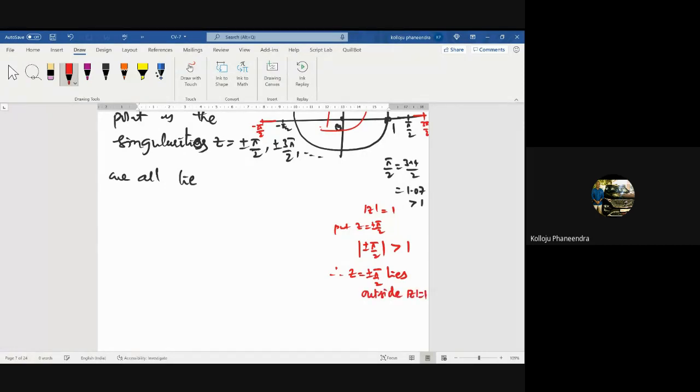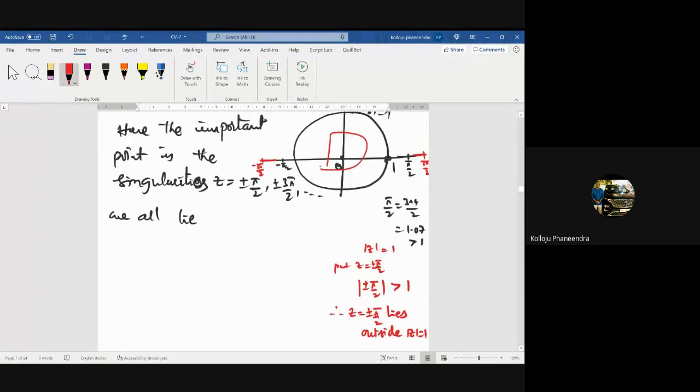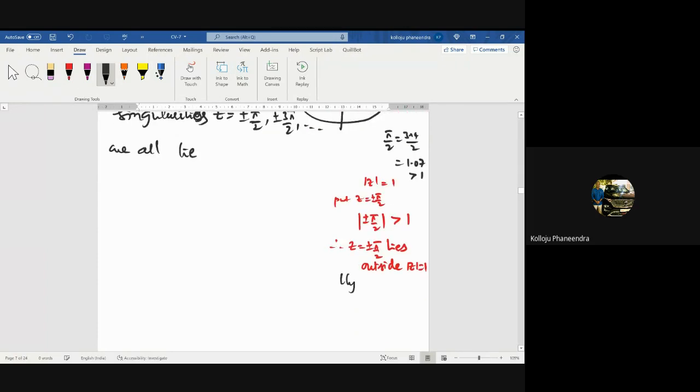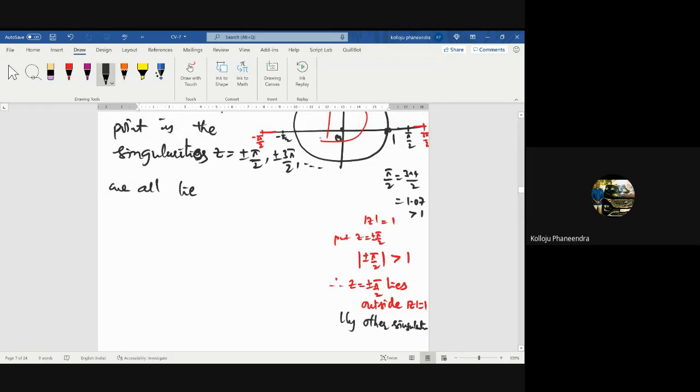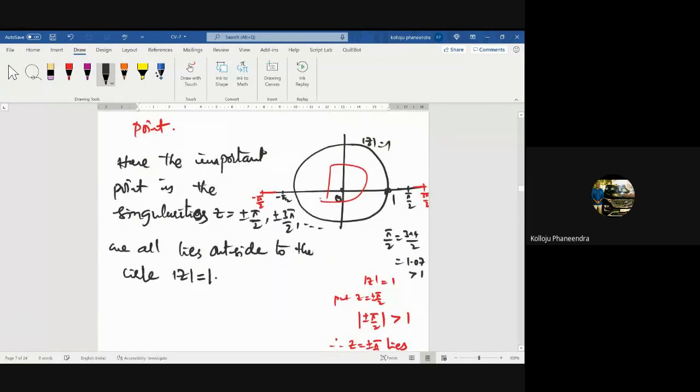It is greater than radius, so lies outside. So this is the main point. Similarly, all the other singularities, z equal to plus or minus pi by 2, plus or minus 3 pi by 2, lie outside the circle mod z equal to 1.